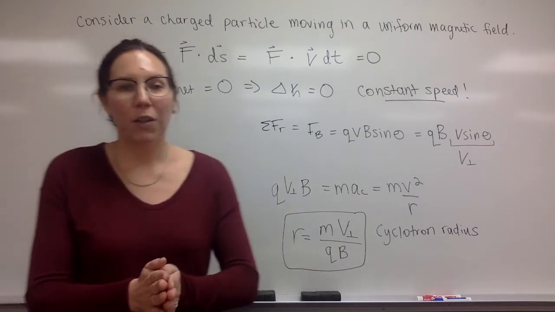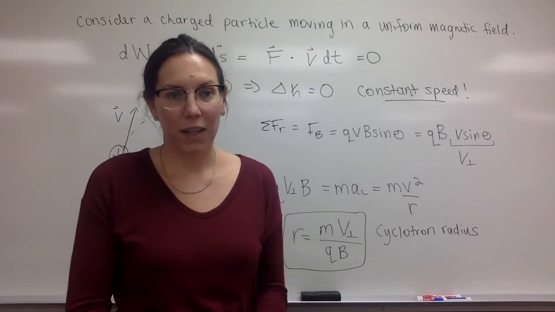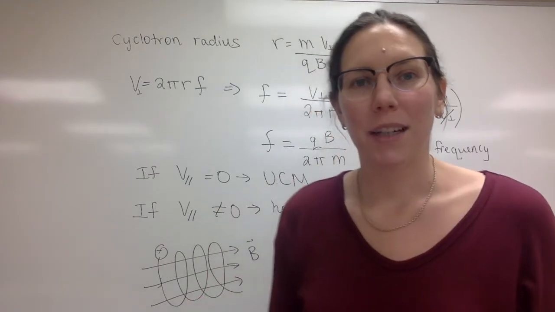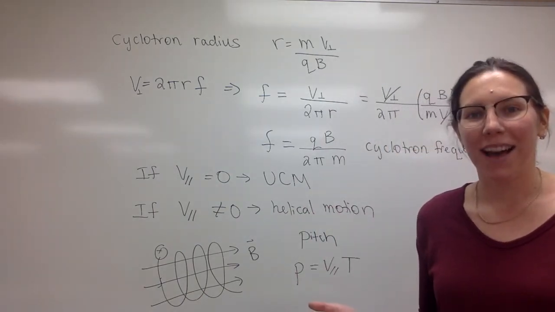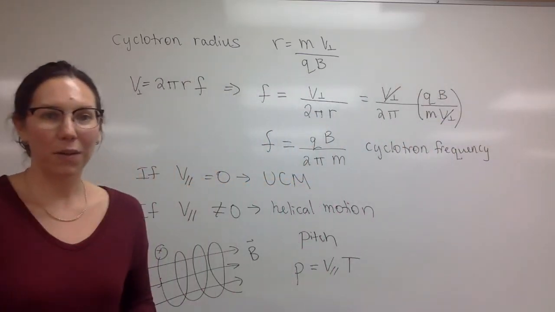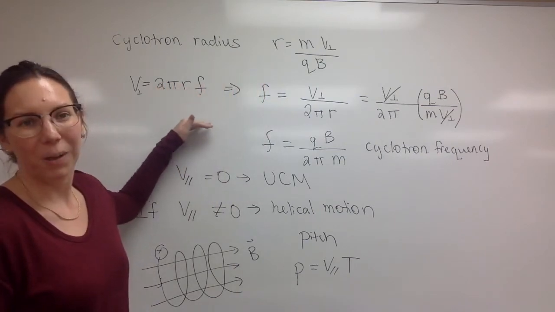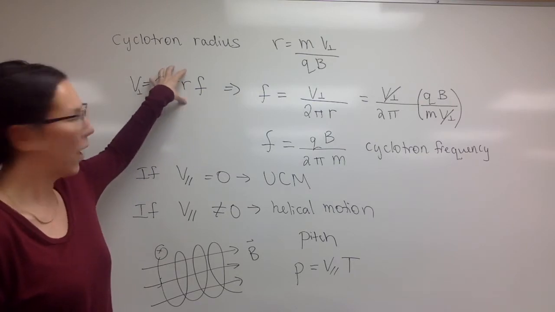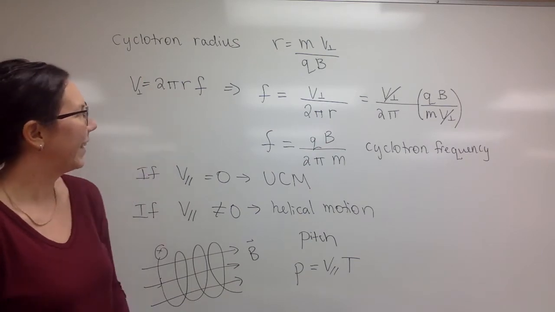When we have a charged particle moving in a magnetic field, it's called cyclotron motion. And there are a few different properties that we'll calculate for that motion. With that cyclotron radius, we can calculate the cyclotron frequency, the frequency of the revolution of that charged particle in the magnetic field. Just using v equals 2 pi r f, or this comes from 2 pi r over the period. So the radial speed moves one circumference of the circle per unit period, one time, which is one period.